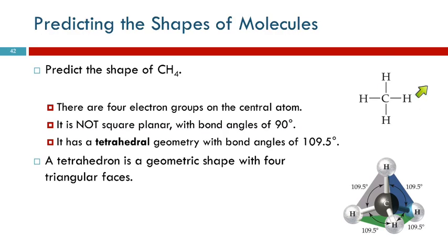If we look at CH4, I made the model of it over there. So here's the carbon, and it has 4 single bonds. Each bond is a group. So 4 groups. 4 groups get away from each other by moving into a 3-dimensional shape, a tetrahedron.